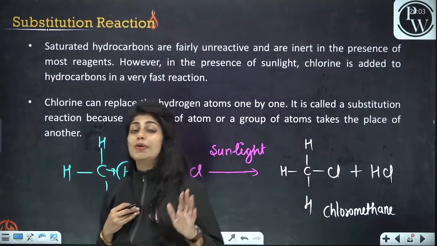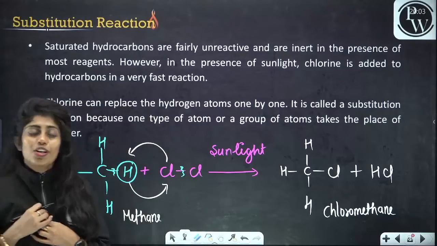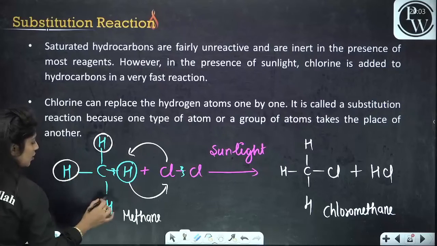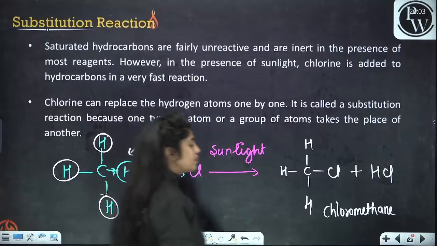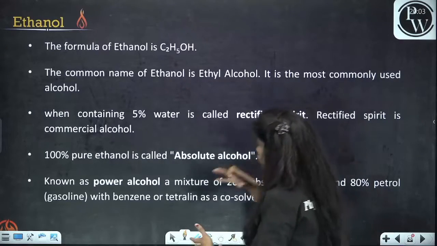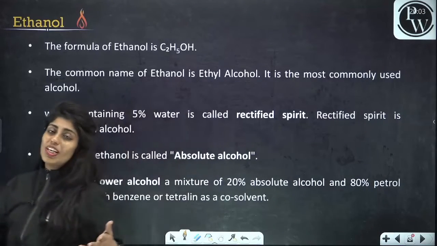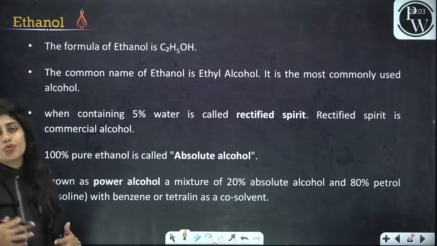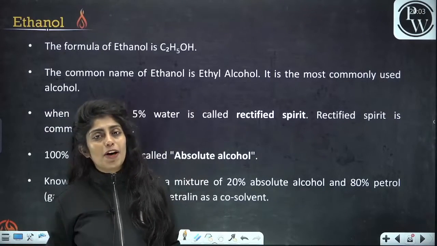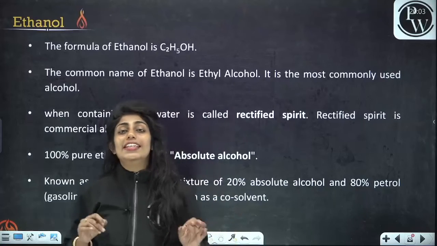The reaction will occur in the presence of sunlight only. Are we good? So you can replace all these hydrogens. Done? Okay. So displacing, substituting, rearranging, that's called the substitution reaction, and that is done by the saturated compounds, or you can say the alkanes.